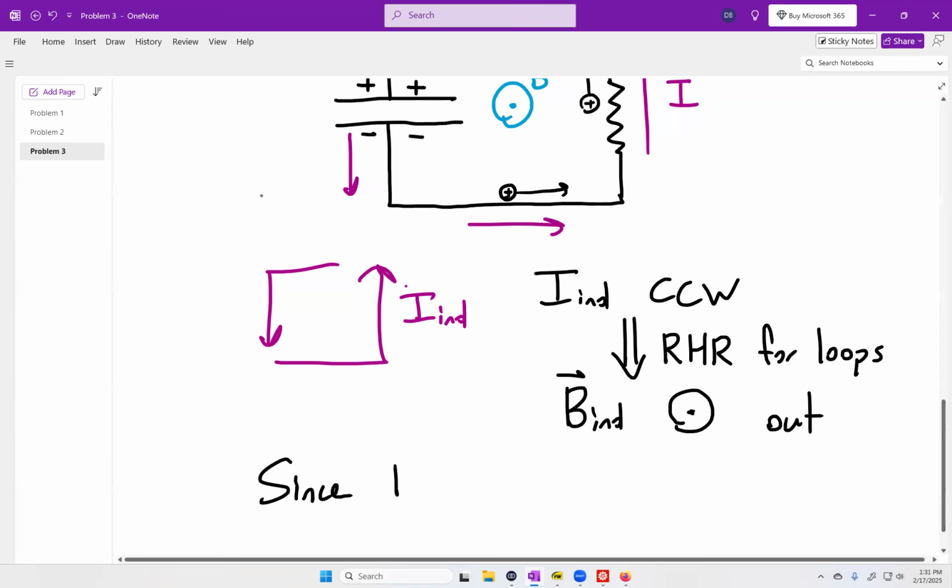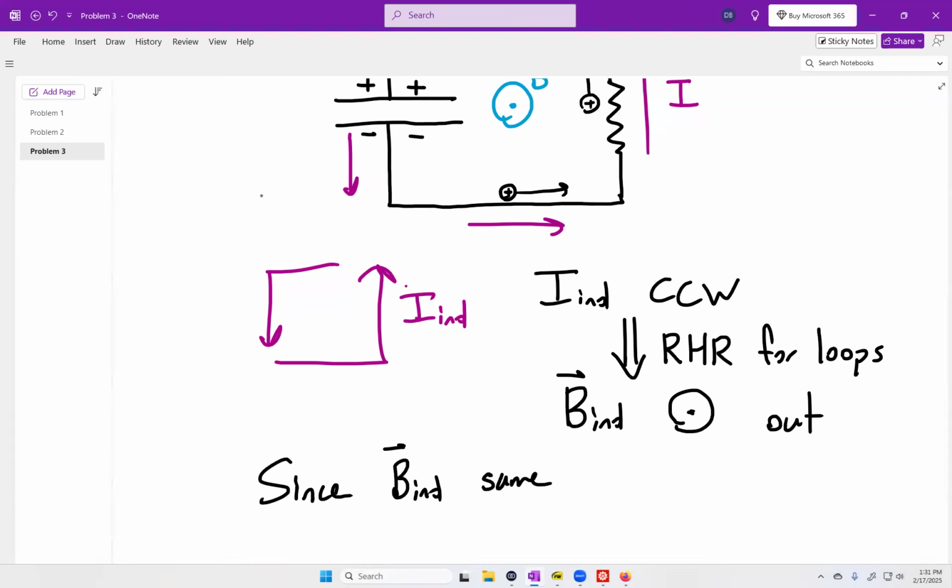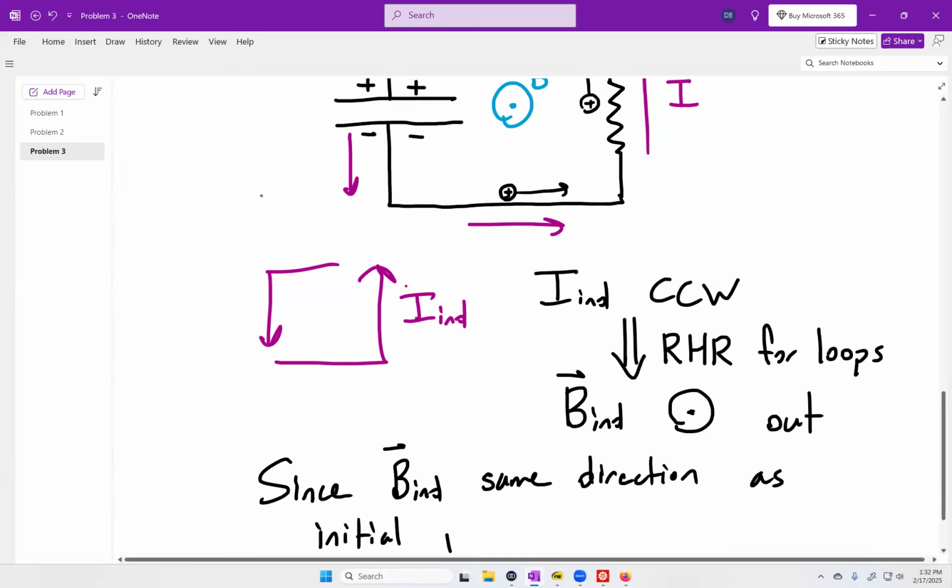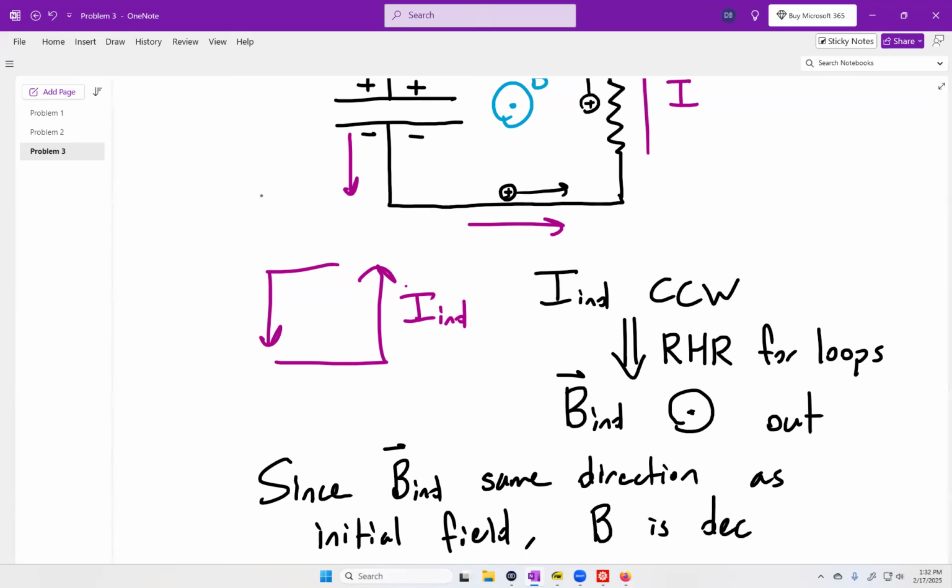So since B induced is in the same direction as the initial field, the field strength must be decreasing.